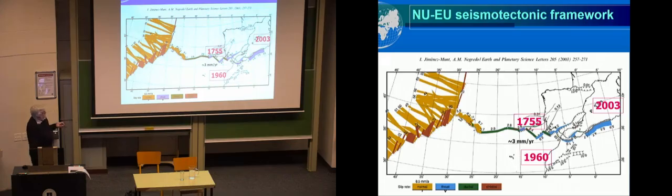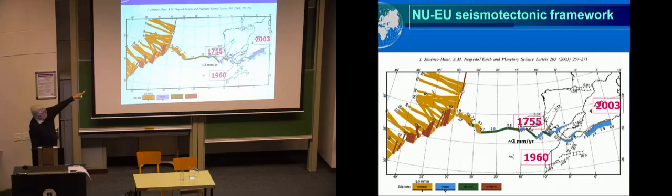But I've just shown the broader plate tectonic context here because the relative motion of what we call now the Eurasian plate on the northern side and the African plate on the south is actually very low there. We're talking about 3 millimeters a year.